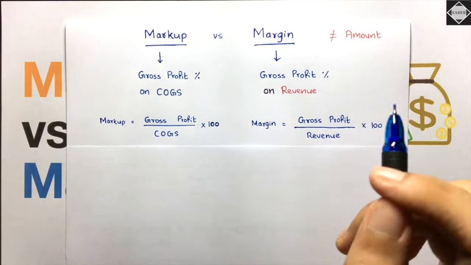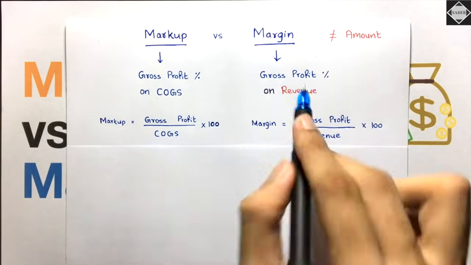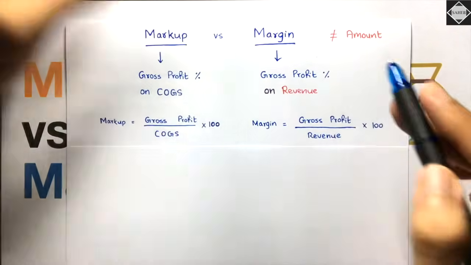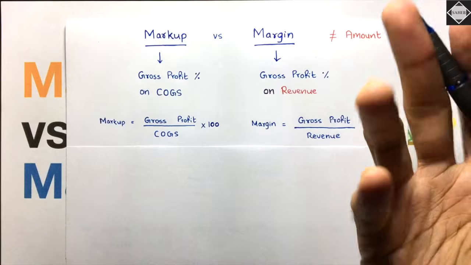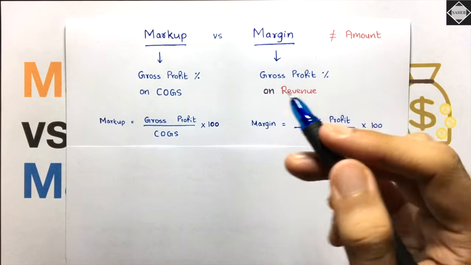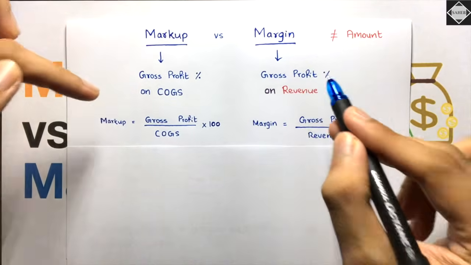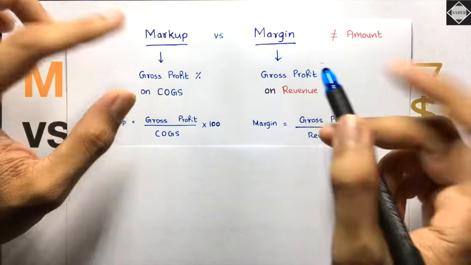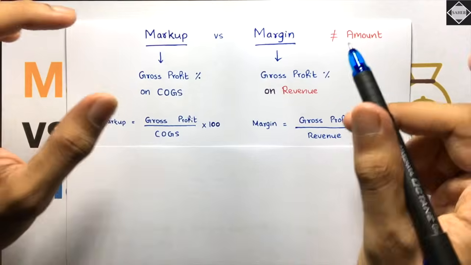So what is markup and margin? Markup and margin are nothing but just profit percentages. Markup is also a profit percentage and margin is also a profit percentage. What does that mean? It means that with these percentages you can calculate gross profit, the same gross profit.